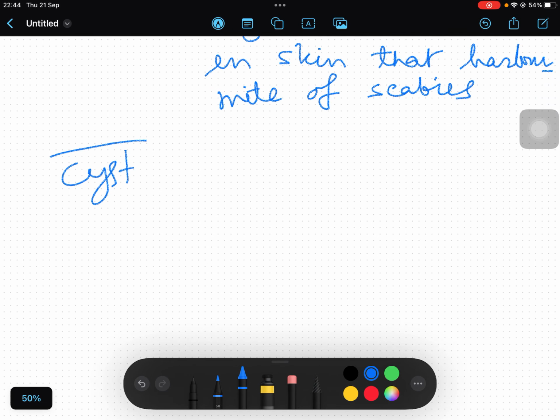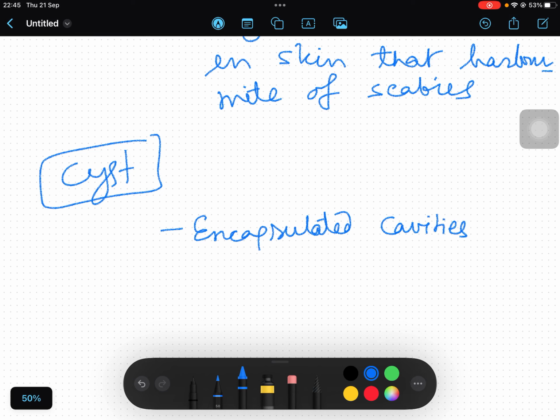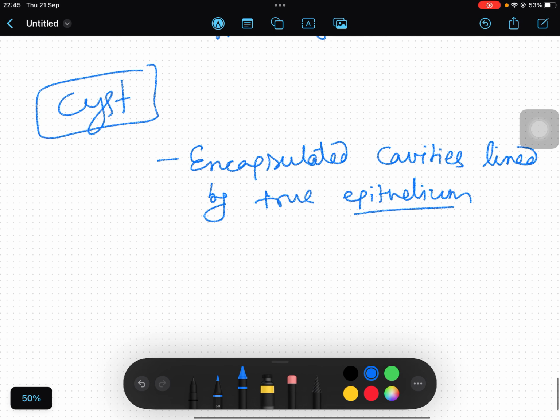And lastly, cysts are also primary lesions. Cysts are encapsulated cavities lined by true epithelium. If they are not lined by epithelium or endothelium, we call them pseudocysts, and they usually contain fluid or semi-solid material.